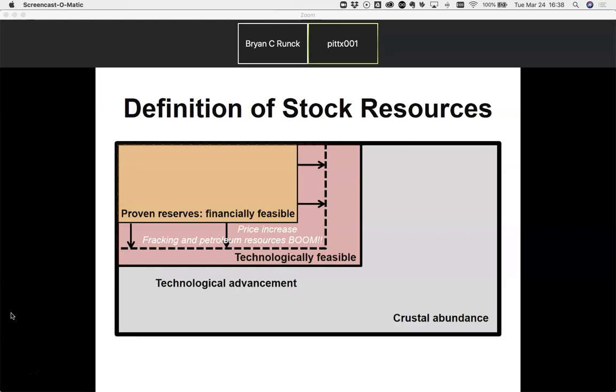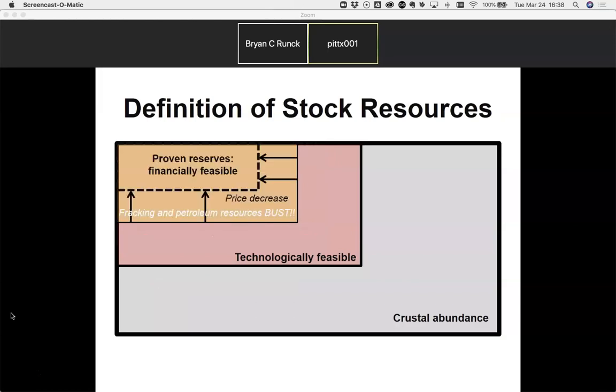Then we have proven reserves, that which is financially feasible. And as prices increased for petroleum, the fracking technology became technologically feasible and financially feasible. So in that situation, the financially feasible expanded out into the technologically feasible by a considerable amount.